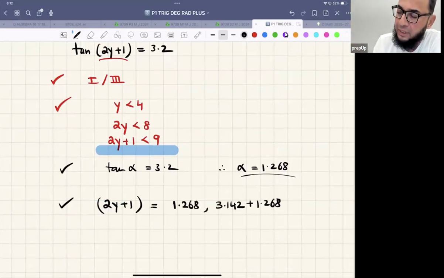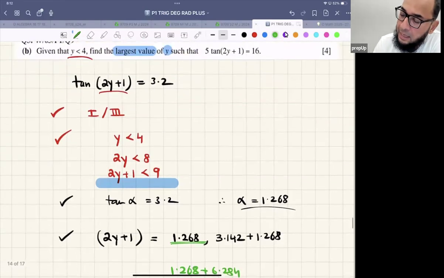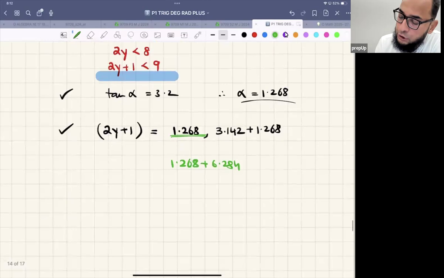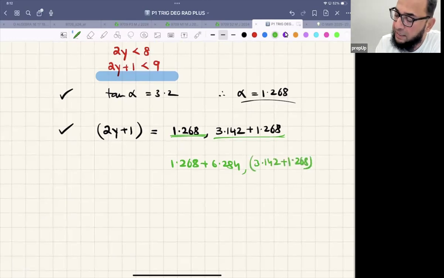Doesn't make a difference. So let me add 2 pi to this. So 1.268 plus 6.284. Remember, pi is 3.142, 2 pi is 6.284. And then over here, let me again add this thing, 3.142 plus 1.268 plus 2 pi, which is 6.284.